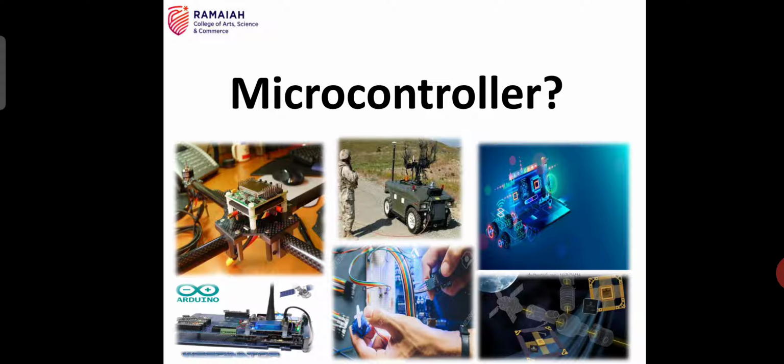It is used to process binary information according to the program which is stored in program memory. Or you can simply define the microprocessor as CPU on a chip, that is, central processing unit on a chip.